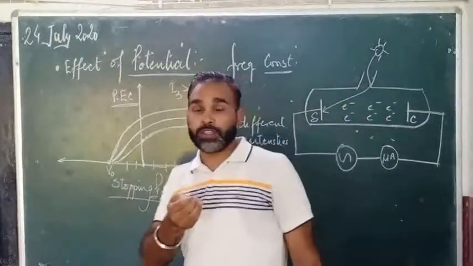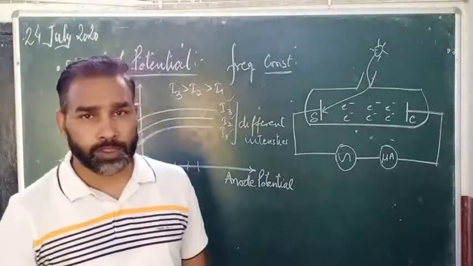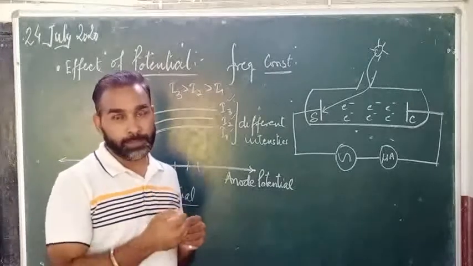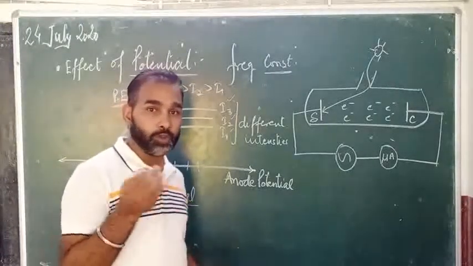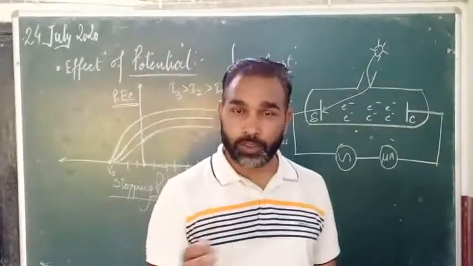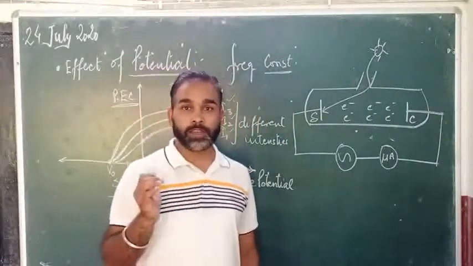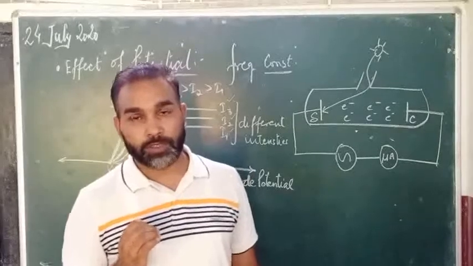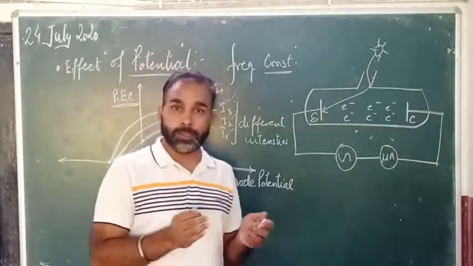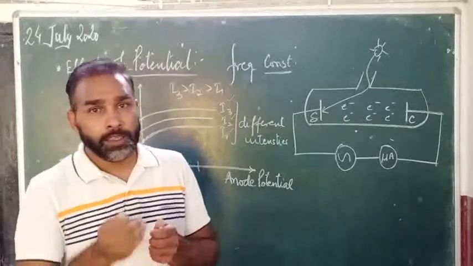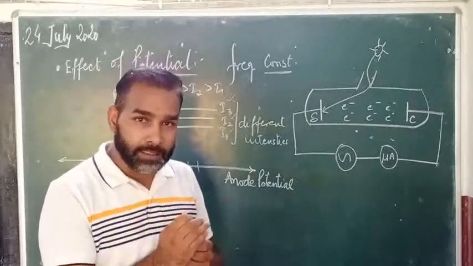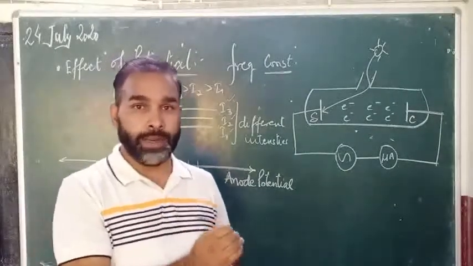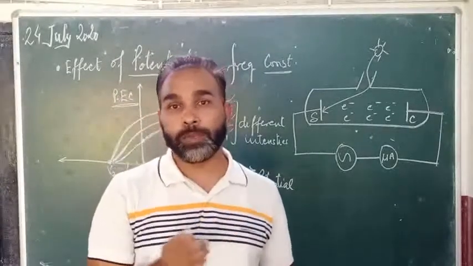अब जब हम इफेक्ट ऑफ पोटेंशियल को पढ़ते हैं, तो जस्ट रिकॉल द लेनार्ड एक्सपेरिमेंट जो हमने पिछली वीडियो में पढ़ा था। उसमें हमने दो पोटेंशियल के बारे में बात करी थी। पहले जब हमने पॉजिटिव पोटेंशियल रखा, तो कुछ टाइम के बाद फोटोइलेक्ट्रिक करंट कांस्टेंट हो गया। फिर हमने नेगेटिव पोटेंशियल रखा, तो the photoelectric current gradually decreases, and after some time it becomes zero, and that particular potential we called the stopping potential.